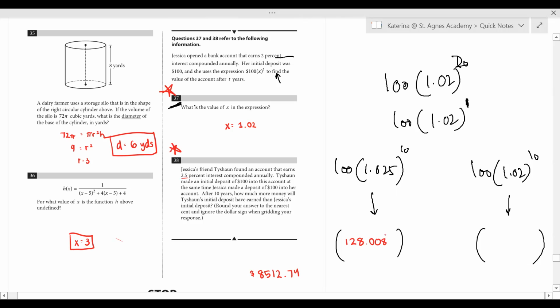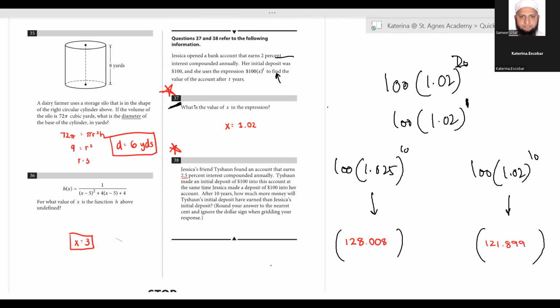And then for Jessica, 1.02 to the 10th times 100 is 121.899. Okay, when it'll be subtracted, how much will it be? 28.0. It's like 6 something.